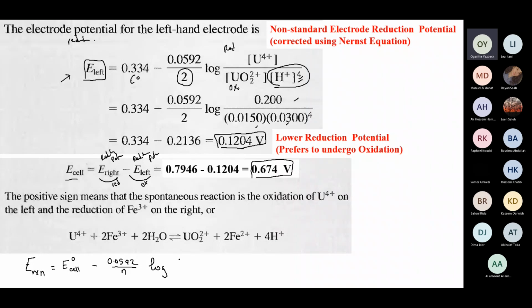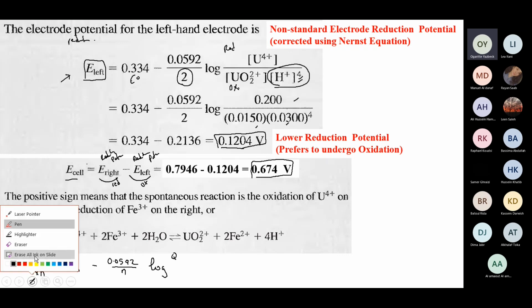As you wish, but the original Nernst is in minus. So products over reactants, or Q. Okay, the Q, which is at any point in the reaction, not necessarily at equilibrium.